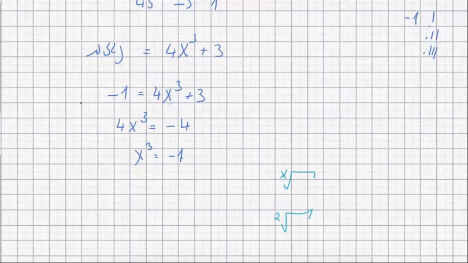So let me go one step back. Here we need to do x equals the third root of -1. So how do you do it in the calculator? Have you found this? Yeah, I found that. You press shift and then you press the button underneath that.